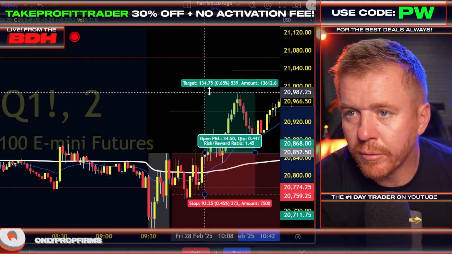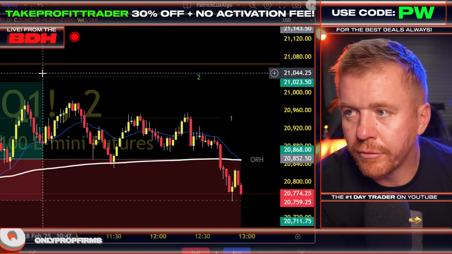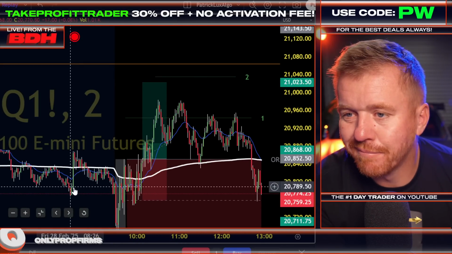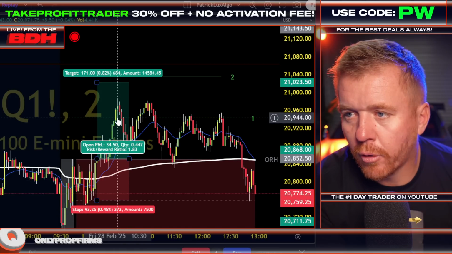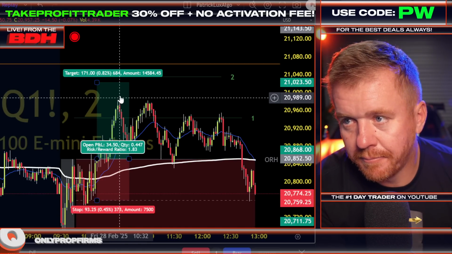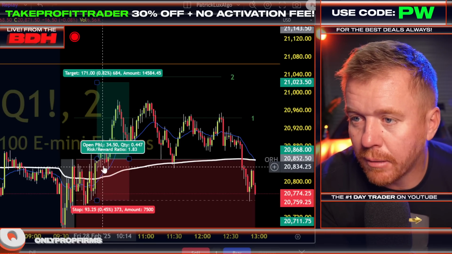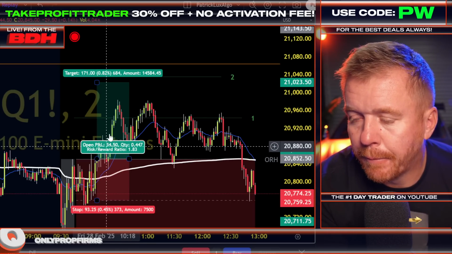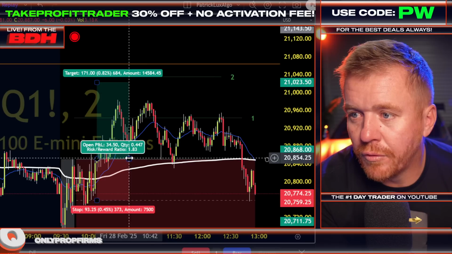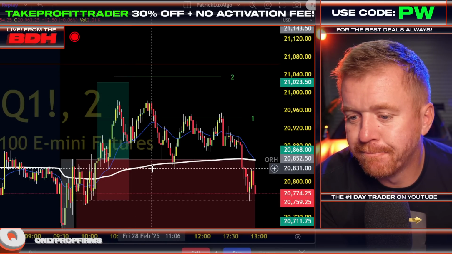And if we had held it a little bit longer, target 2 would have put us up there. But the first target would have been acquired, the second target not. So I think you probably run it like once the first target gets hit, you move the rest to break even and then let it ride.